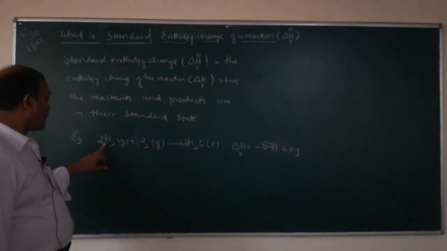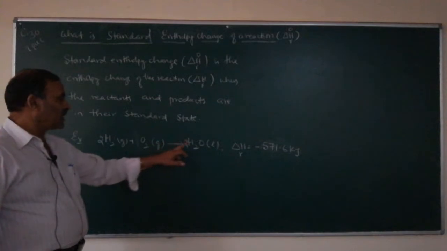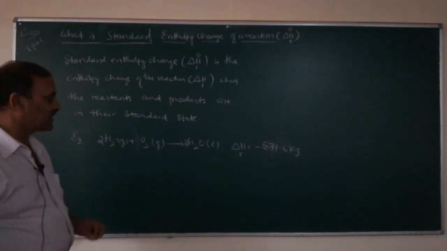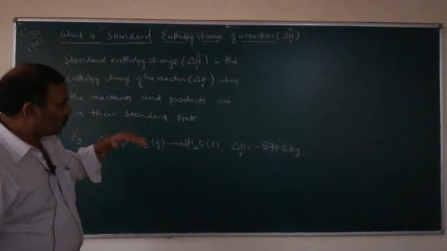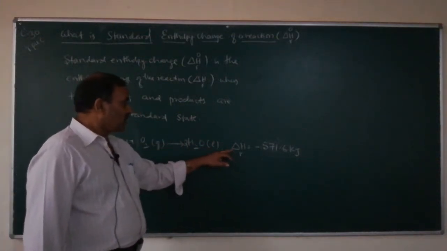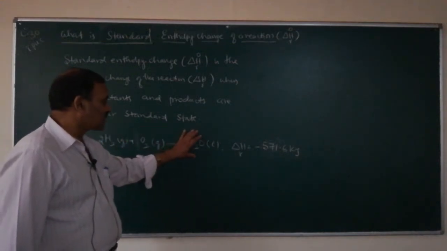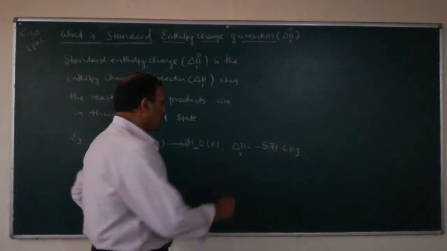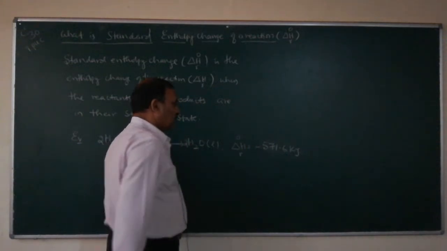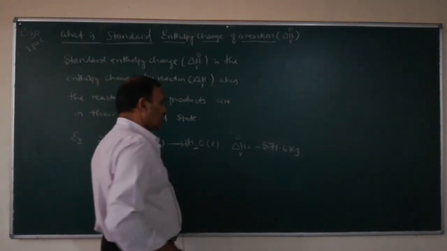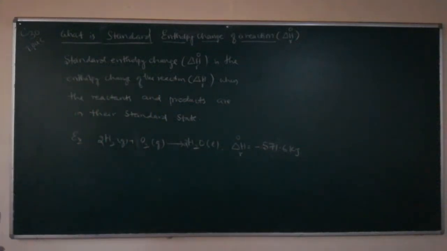Here hydrogen, oxygen and water are present in their standard state. So the enthalpy change produced when the reactants and products are in their standard state is called standard enthalpy change, delta H naught R.